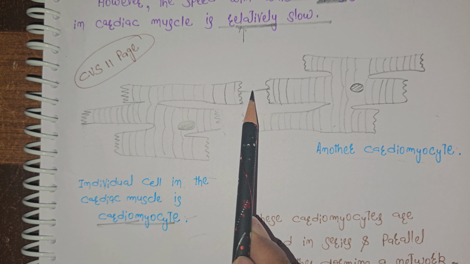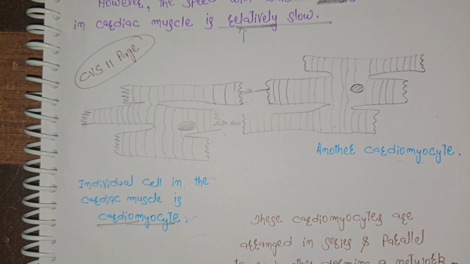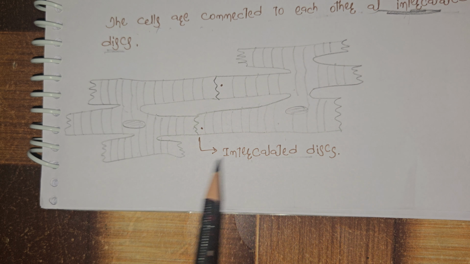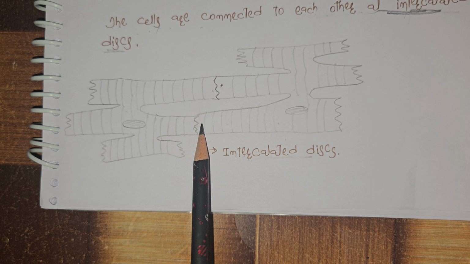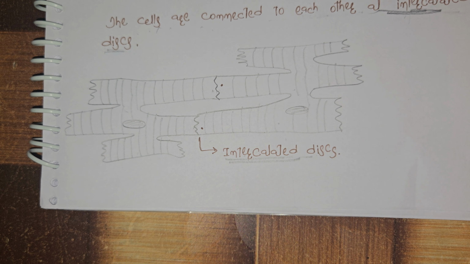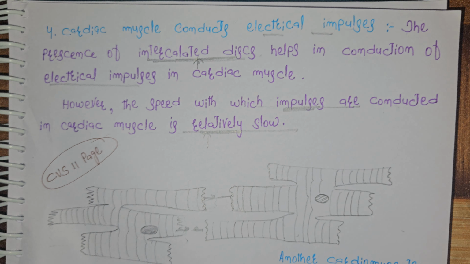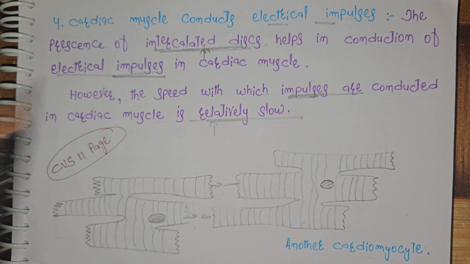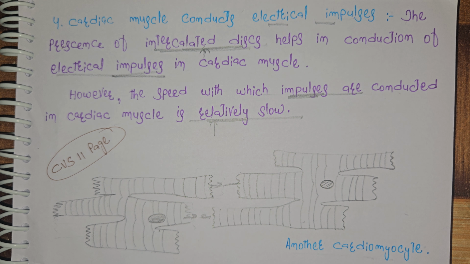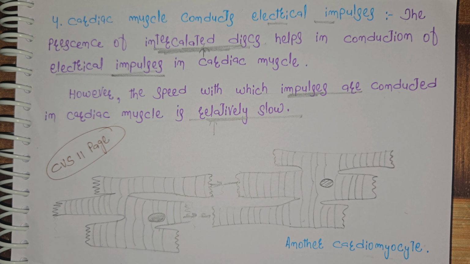This is connected to this here. When we connect them here and here, these are the intercalated discs. So one cardiomyocyte, that's a cardiac muscle cell, is connected to another cardiomyocyte at intercalated discs. And these intercalated discs help in the conduction of electrical impulses. So electric impulse goes from one cardiomyocyte to another because of the presence of these intercalated discs.